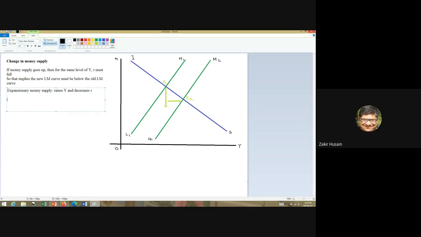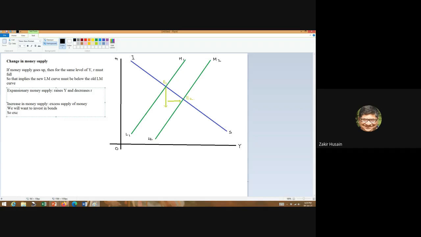So what is the mechanism? Let's go through the mechanism again. Once there's an increase in money supply, we have excess supply of money, right? Excess supply of money means we will want to invest in bonds.